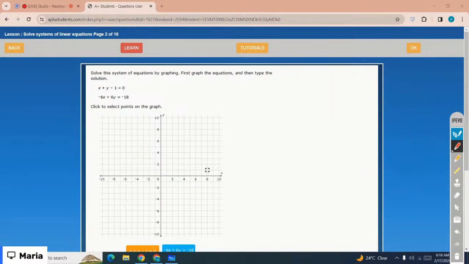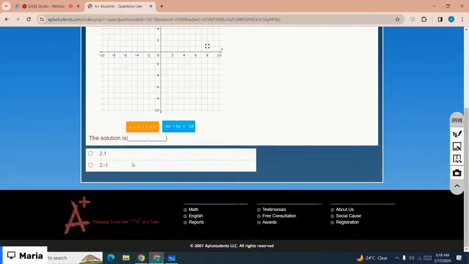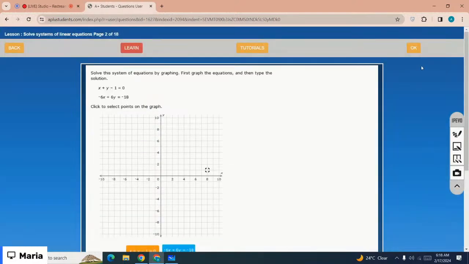So the correct option is 2 and negative 1. Option number 2 is the correct option, right?